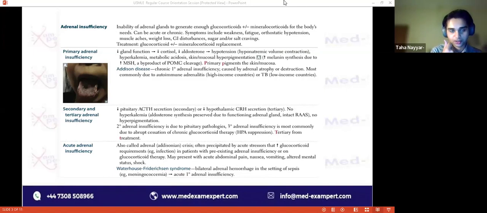The important functions of cortisol are that it increases your appetite. Another very important thing about cortisol is that it regulates your blood pressure, and this concept is very important. How does it regulate your blood pressure? First, it upregulates the alpha receptors, and it has a permissive effect on epinephrine, norepinephrine action on these alpha receptors.